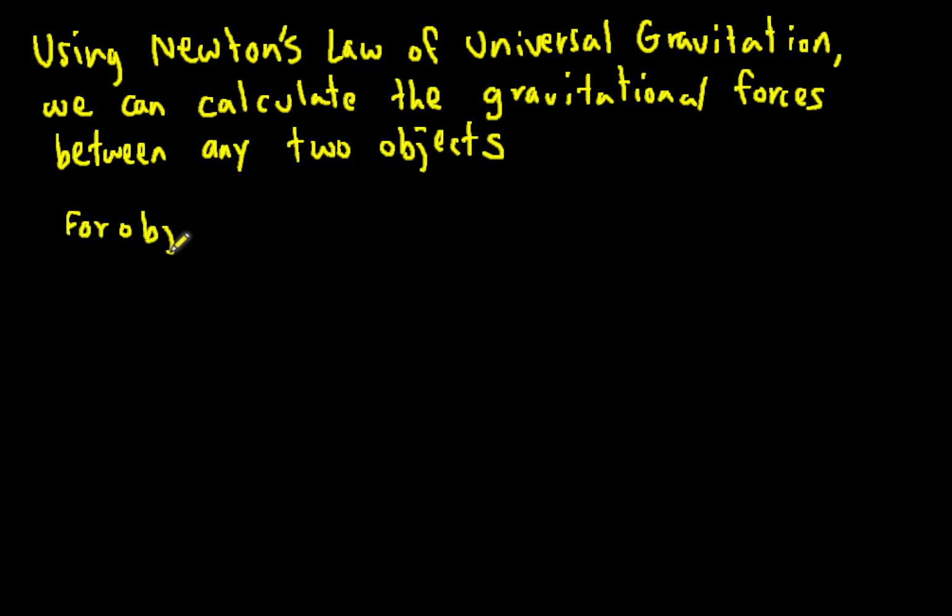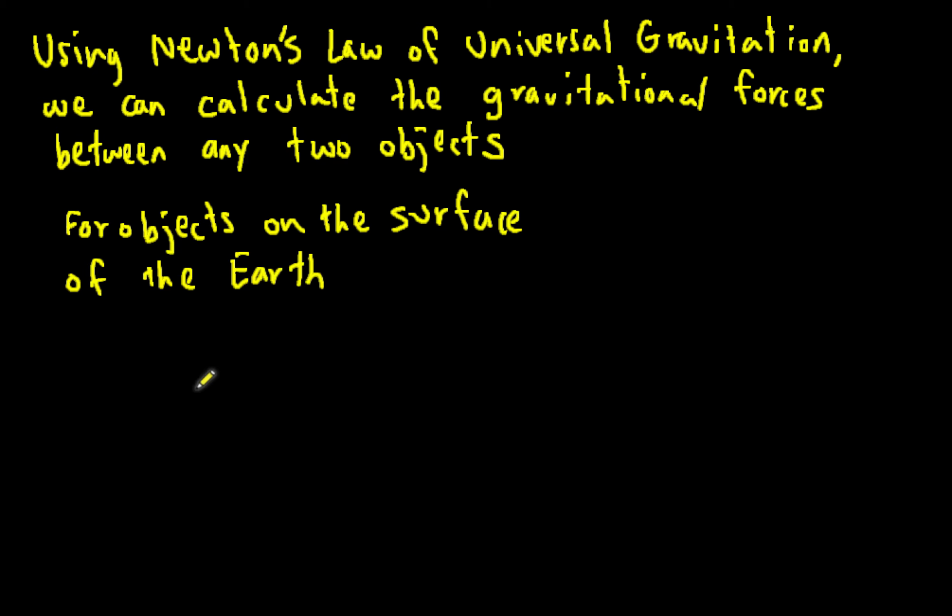For objects on the surface of the Earth, we need to consider the mass of the Earth. We'll use capital M for this. The mass of the object on the surface, we'll use small m.